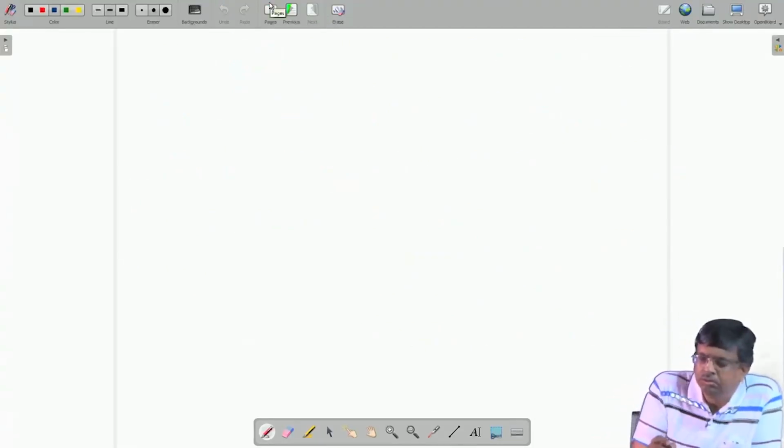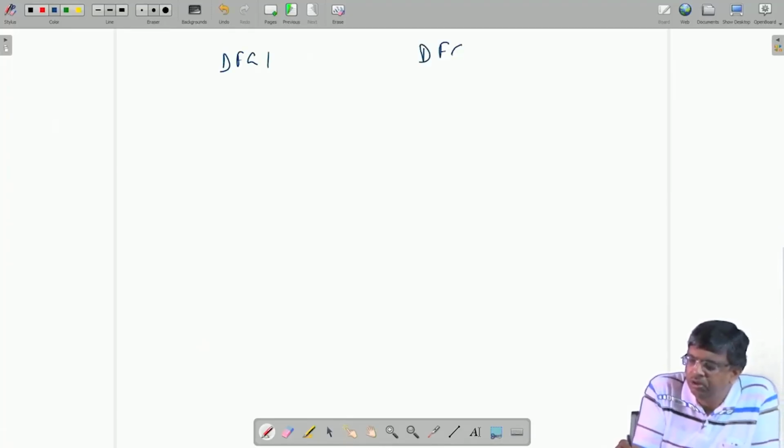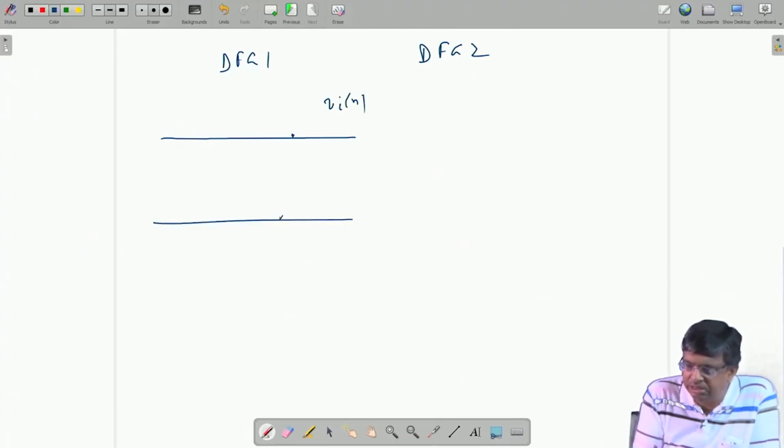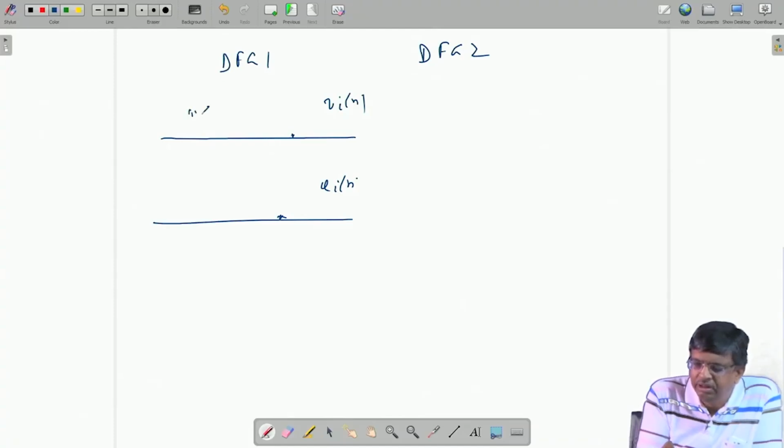On one hand, I have got network DFG 1 and another DFG 2, DFG 1 before retiming, DFG 2 after retiming. Suppose these are time axes for any node V I n, and this is the time axis for the same node, but for U I n, these are time origins. I assume that for all n less than 0, this DFG is cleared, that is it is at rest, all the node outputs are 0.